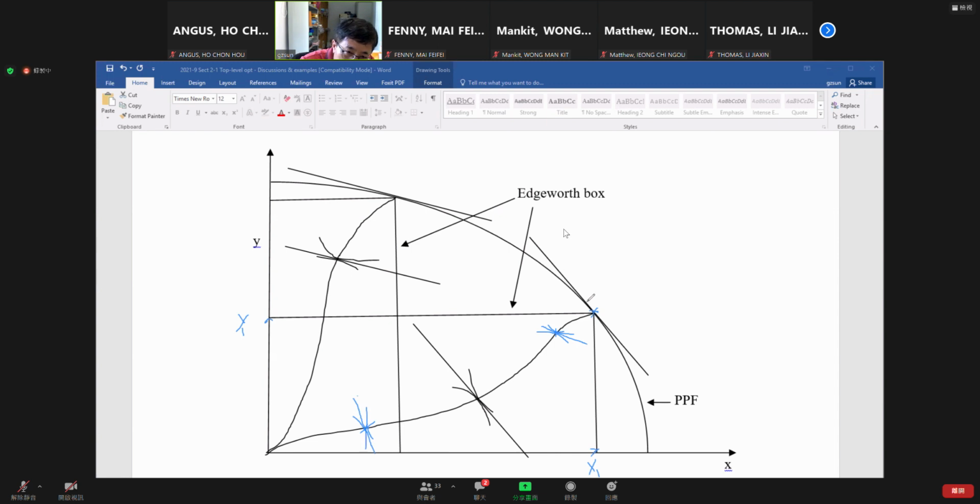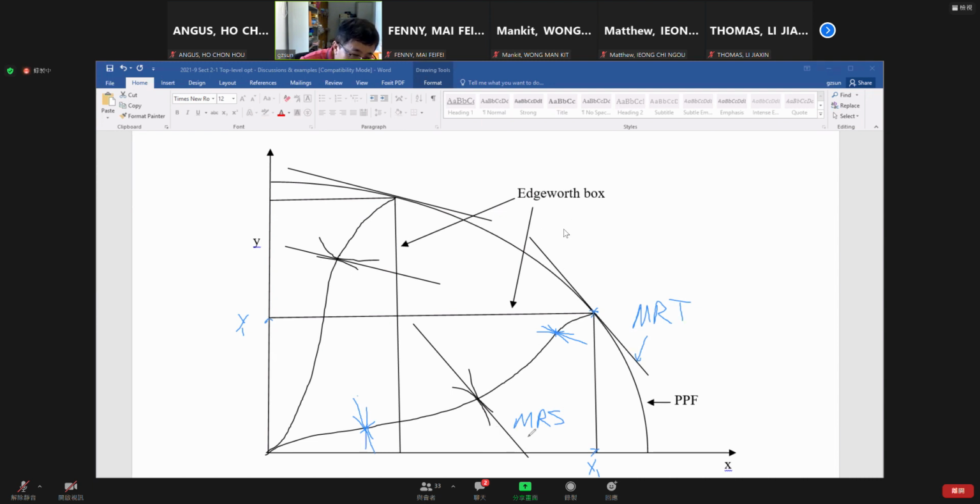Among such exchange optimal points, usually only one point is such that this marginal rate of substitution equals this marginal rate of transformation. This one is the marginal rate of transformation. This one is the marginal rate of substitution. The economic meaning of this one is very different from this one.